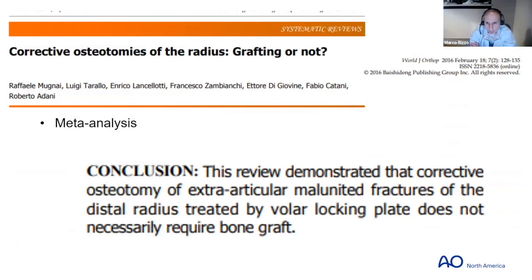Dr. Jupiter alluded to the hinge type, and we'll talk a little bit more about hinge versus distraction type corrective osteotomies. And the review actually demonstrated that extra-articular malunited fractures of the distal radius treated with volar locking plates do not necessarily require bone graft.